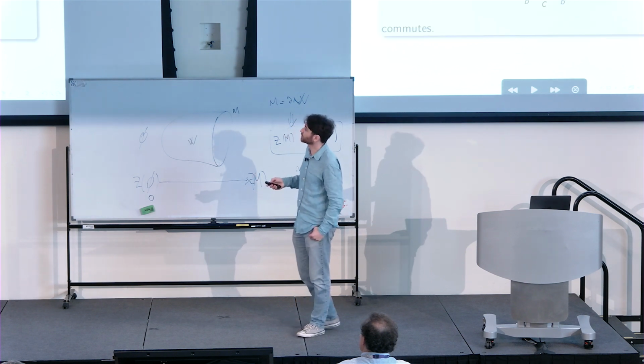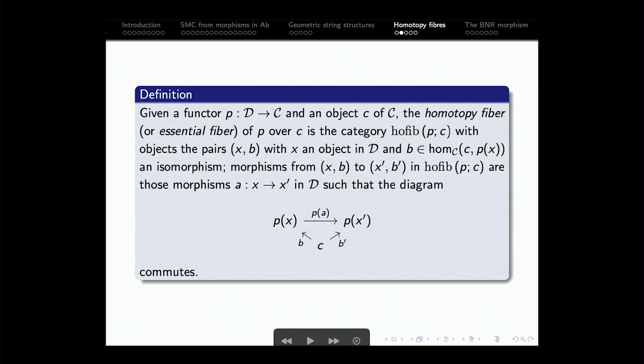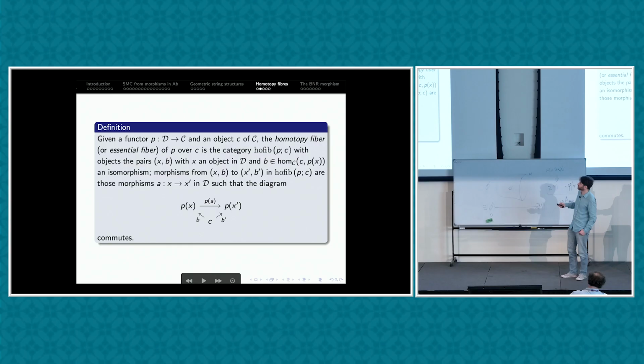Well, objects are just an object in the source, say X, together with a morphism from the unit object in the target to the image of X. And morphisms will be morphisms in the source, so some A from X to X prime, such that this diagram commutes. And this will in turn have a natural structure of symmetric monoidal category. So I can take these homotopy fibers as targets.